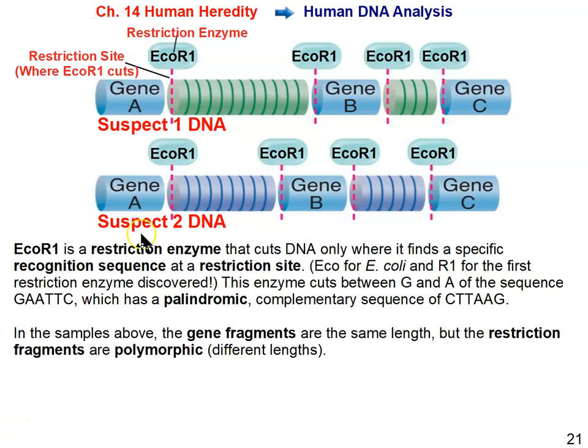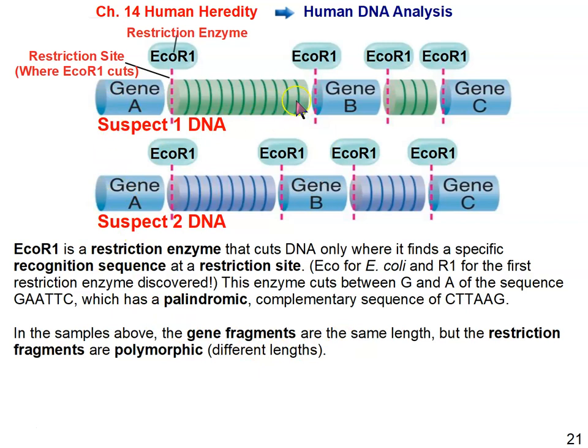So once cut by restriction enzymes, we end up with a number of fragments, and those fragments vary in their length, but it's only the repeating regions that vary in their length. The genes don't vary in their length. Gene A, gene B, and gene C here are the same length between these two suspects, between these two individuals.